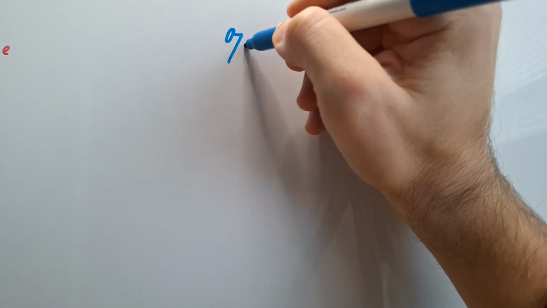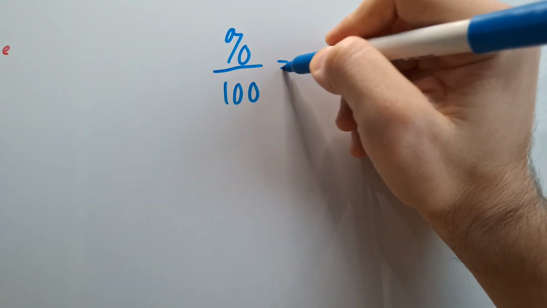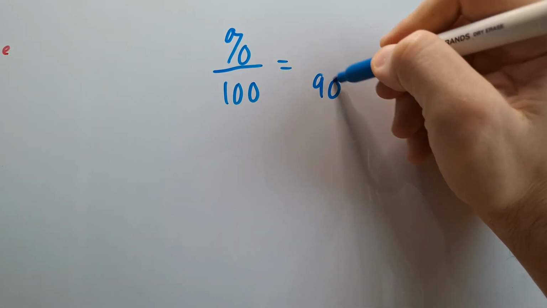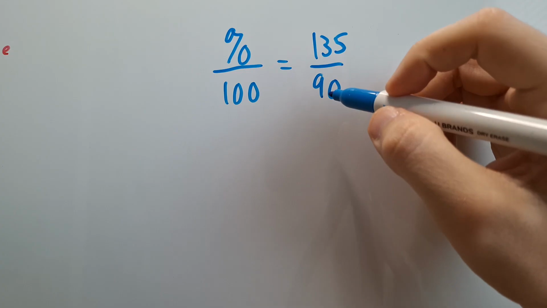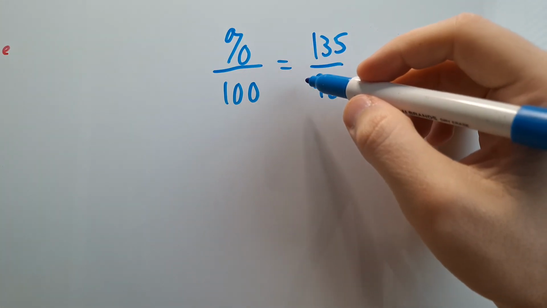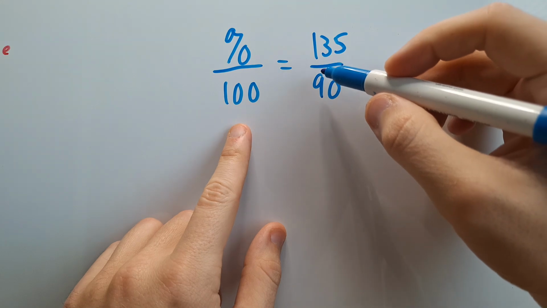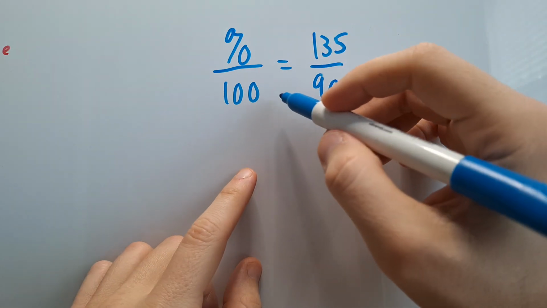So we don't know the percent value. 90 is 135. We can set this up using that equation format. This is the proportion format too. So we can actually work these together hand in hand now that I think about it.